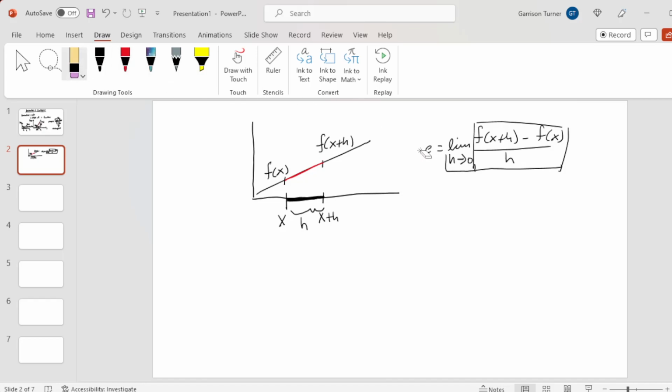Then this isn't just the slope anymore, this is now the derivative. We call this f prime of x. And it's also written, take the differential of f divided by the differential of x. df dx is the derivative of f with respect to x.